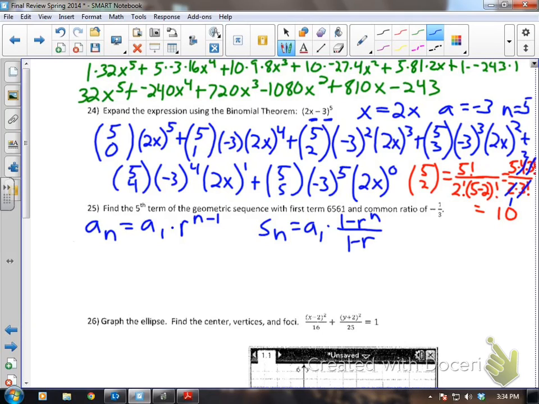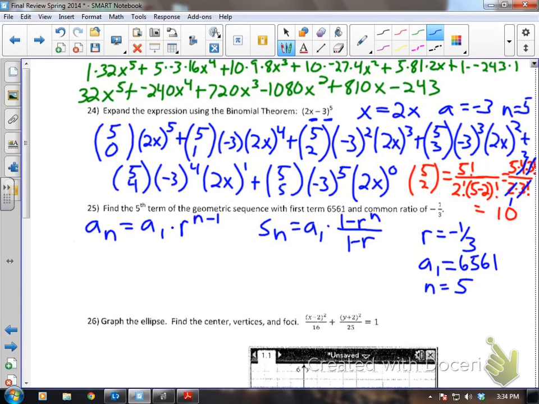Okay, so my r in this case is the common ratio, which is negative 1/3. My a sub 1 here is 6,561, and I am trying to find the 5th term, so n is going to be 5.